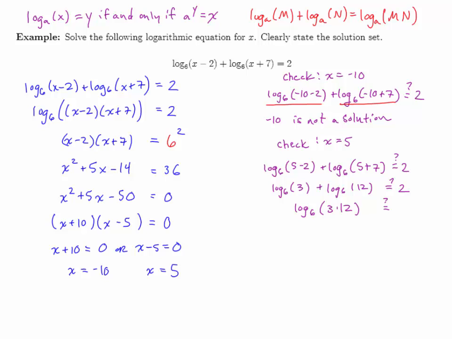And so now we're asking ourselves, does that equal 2? And what we'll see here then is that this is log base 6 of 36, which we do indeed know to equal 2. So that means then that our solution set contains the number 5 as that proposed solution of 5 checked.